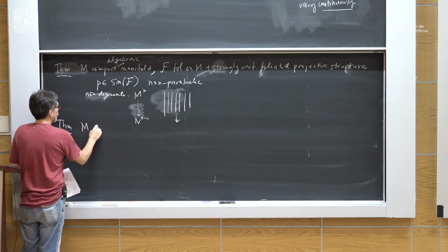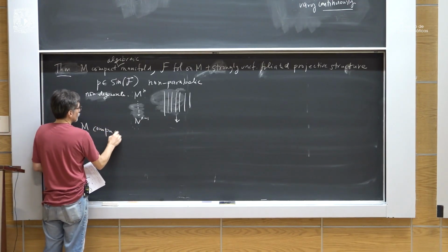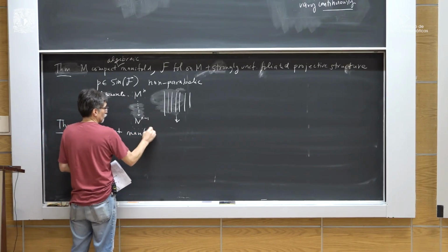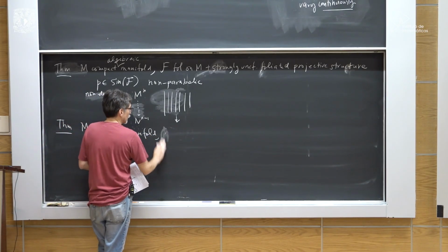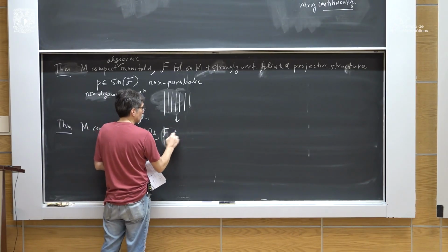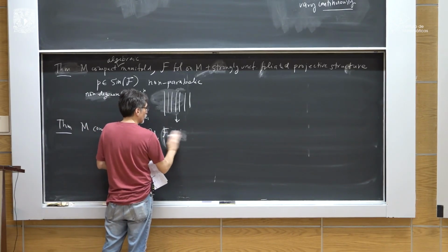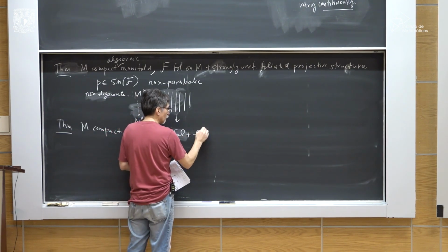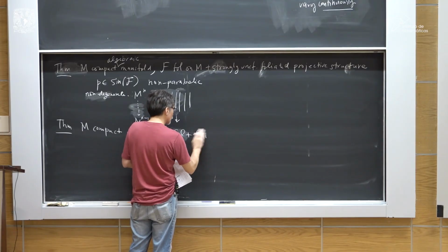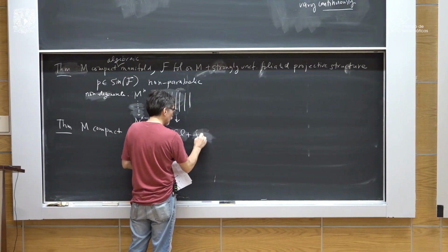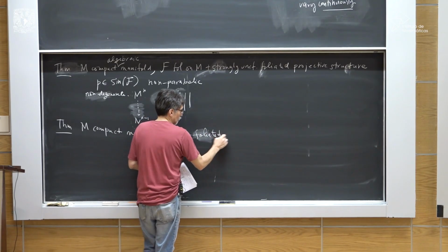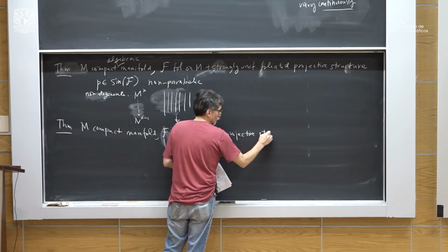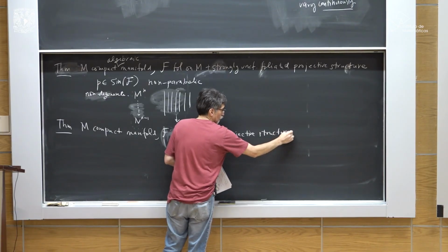So this is one result. Then, compact manifold M, F again a foliation by curves plus a foliated projective structure.